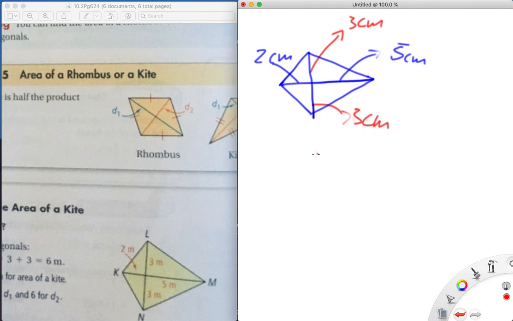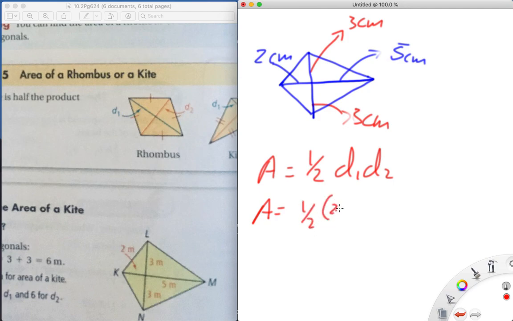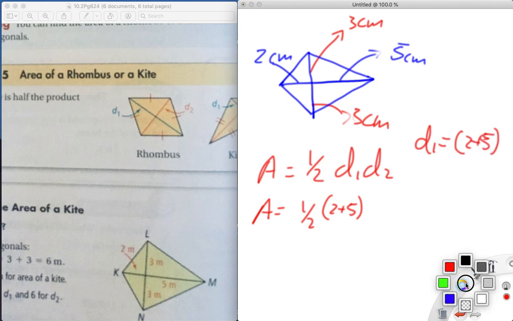So, our equation is area is 1/2 the product of the diagonals. In this case, we're going to add them. So 2 and 5, we would add. So area would be 1/2 times 2 plus 5, which is diagonal number 1.